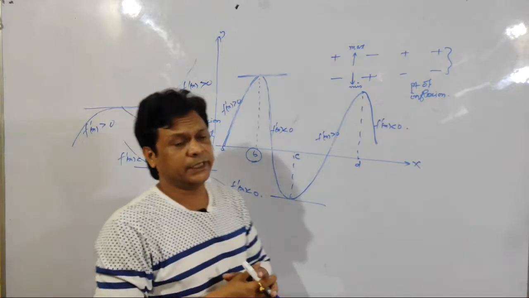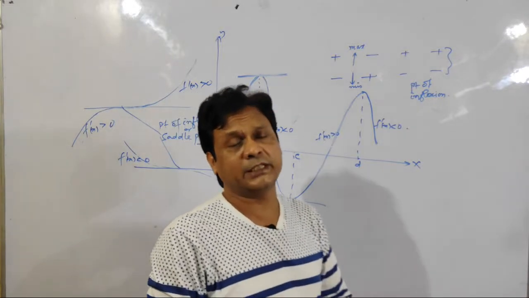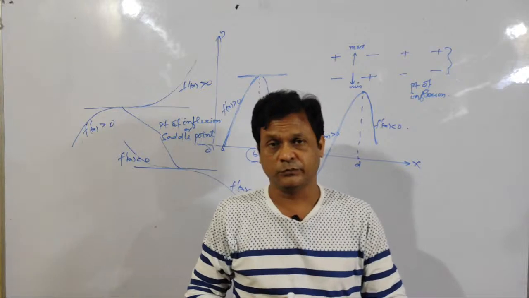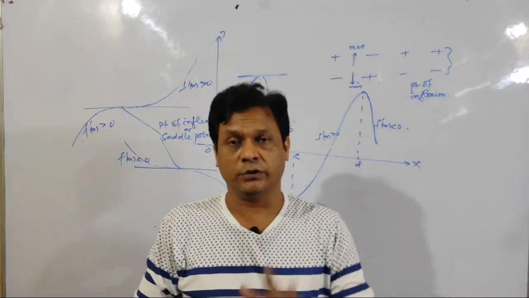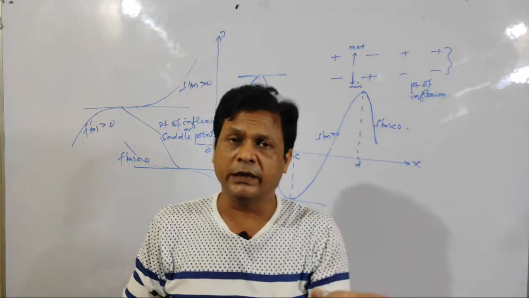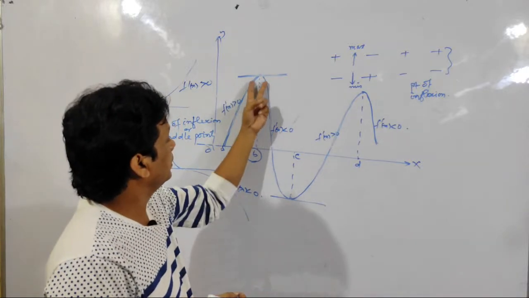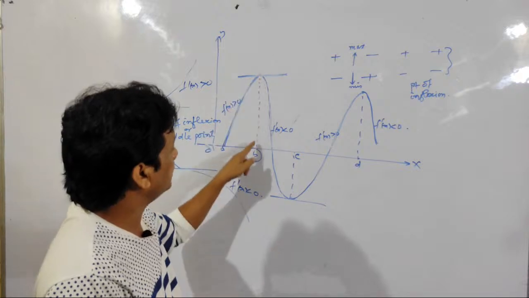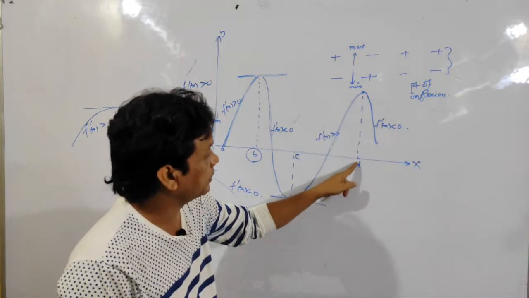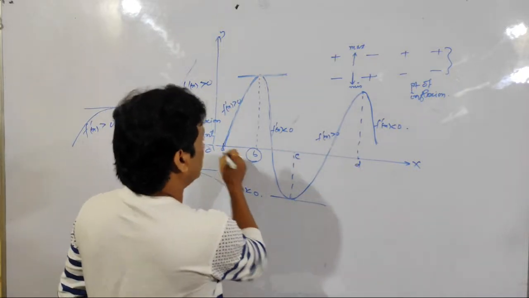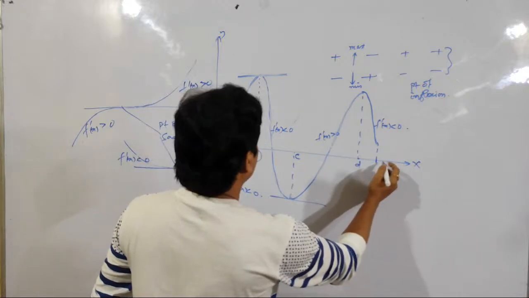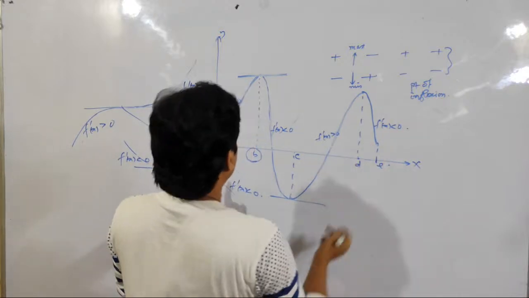And see here, what is the meaning of local maxima and relative maxima? Local, relative, and absolute. There are 3 cases. And local is the same as relative. See here also maxima is obtained, here also maxima is there. And you are considering from this point to this point, AE.